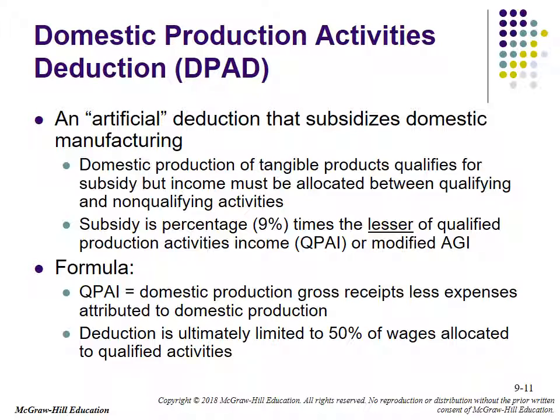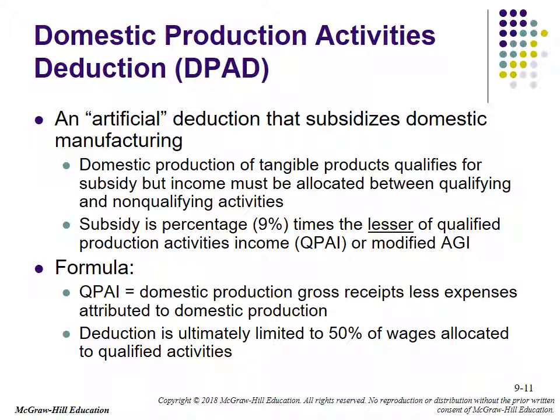And so it's 9% of that, or modified AGI, whichever is smaller, but limited, and this is that last bullet, to 50% of wages for qualified activities.